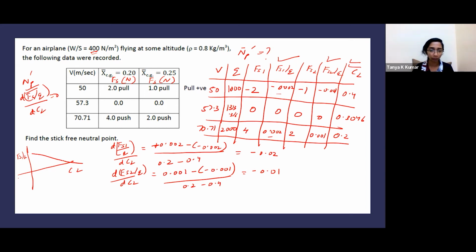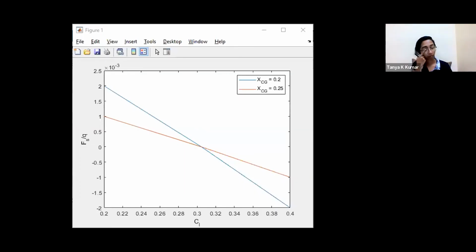Okay. So I'll just plot these graphs on MATLAB and show you. Can you see this graph?